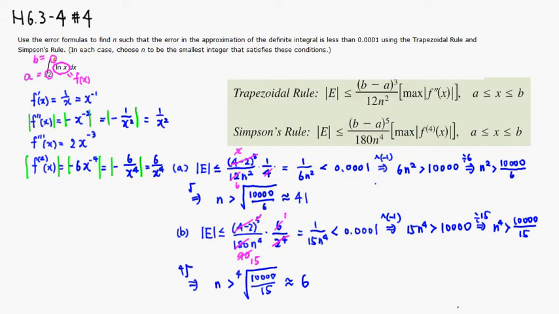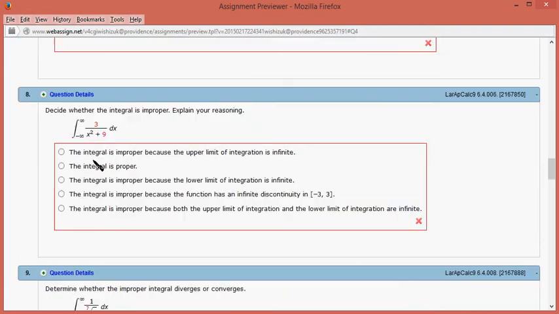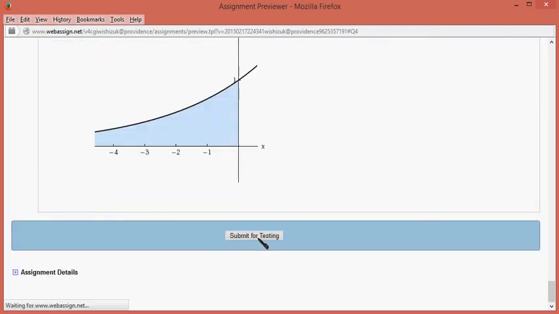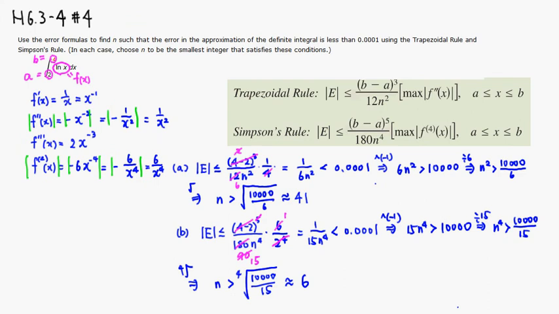So we have 41 and 6. Let's type it in. For the trapezoid rule, 41, and this one 6. Let's check submit for testing. Alright, it came back, and looks like we got this one correctly. Alright, that's it. I hope that this was clear.